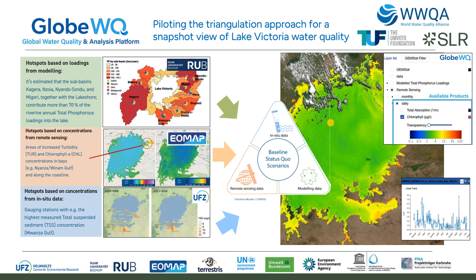GlobeWQ includes in-situ data from GEMSTAT, modeled data from the Helmholtz Center for Environmental Research at Royal University Bochum, and satellite-based water quality products from EOMAP. Overall, GlobeWQ is an invaluable web tool to synthesize data and information into an easily accessible format that provides real insight towards identifying solutions. The Lake Victoria specific portal has great potential to be taken forward and developed further.